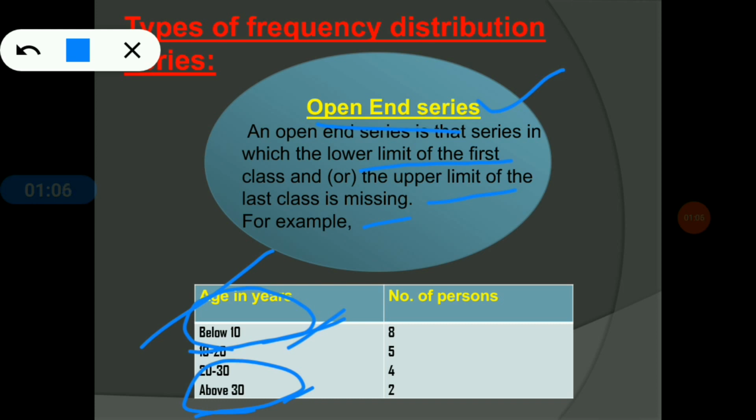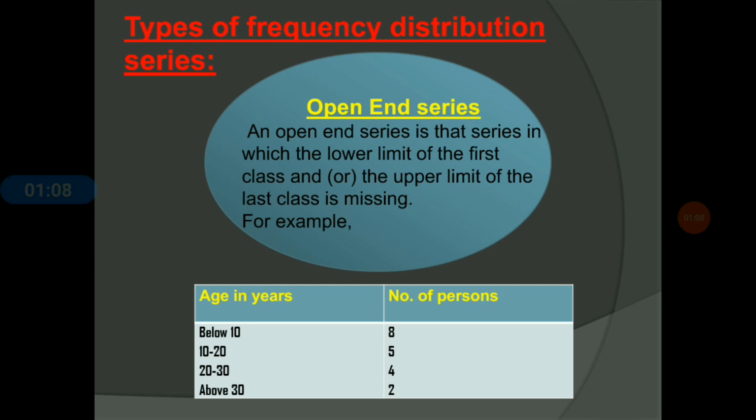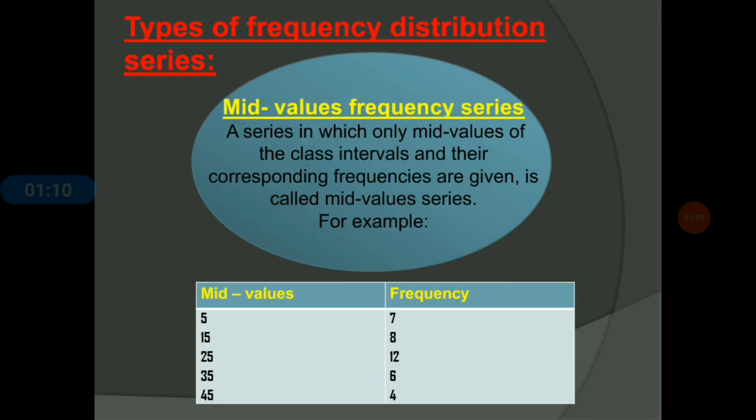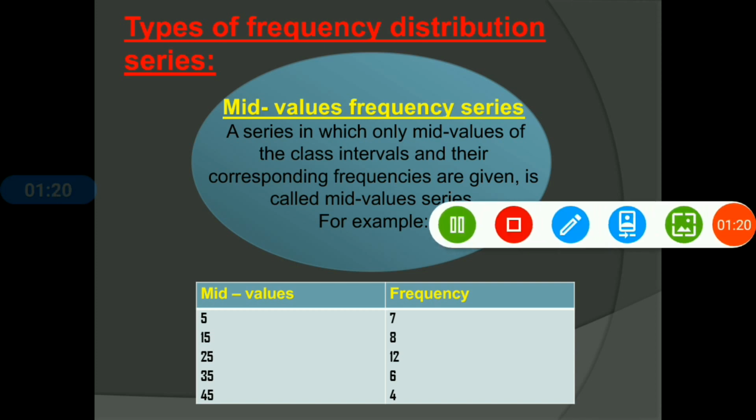Okay, so now move on to the next type, that is the mid-values frequency series. We have already learned what mid-values are. How do you get the mid-value of a particular class, learner?